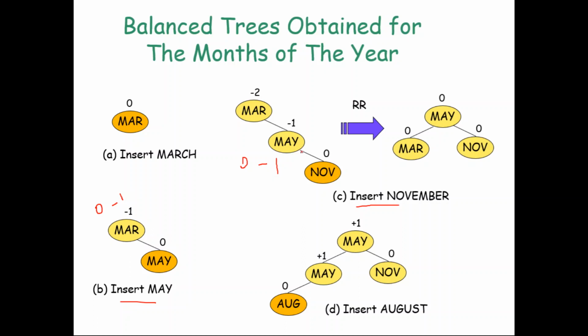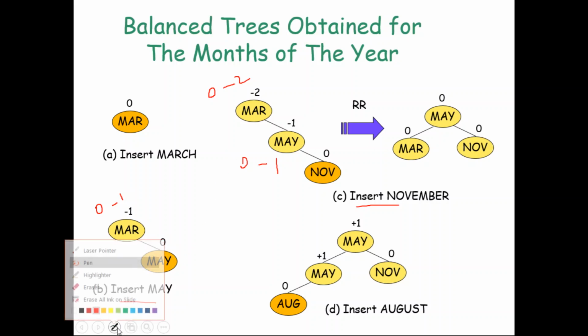The height of the right subtree is 1, so this is still balanced. But for March, the heights are 0 and 2, so 0 minus 2 is -2, and it becomes unbalanced.